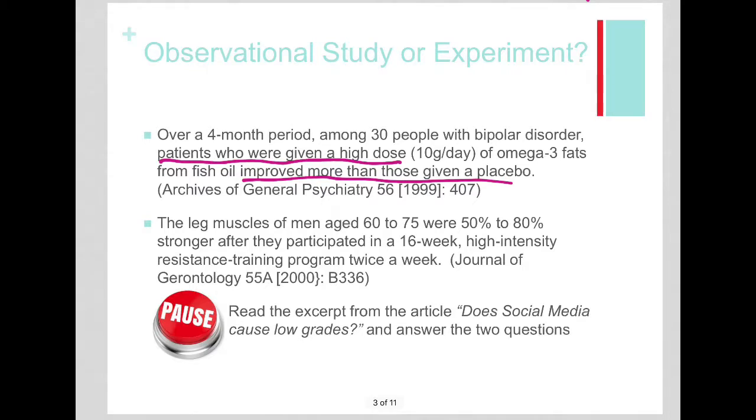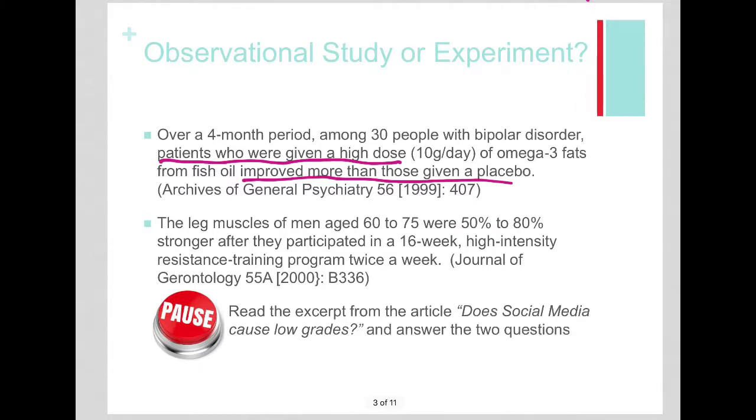So a similar study could be done in more of an observational format, where a researcher who has access to patient records gathers a sample of people with bipolar disorder and then surveys them to ask basically, do you take fish oil regularly, yes or no?